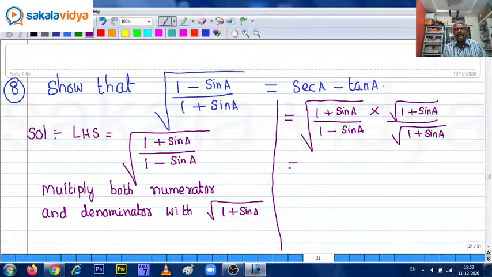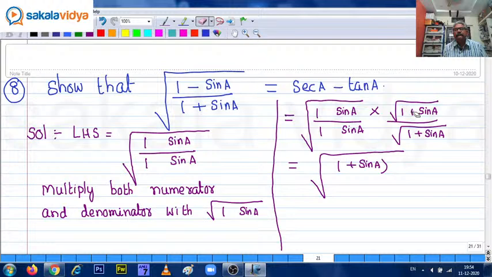So this can be written as root over 1 plus sin A into 1 plus sin A, 1 plus sin A whole square. Sorry, I have written wrong. Wait, one minute.